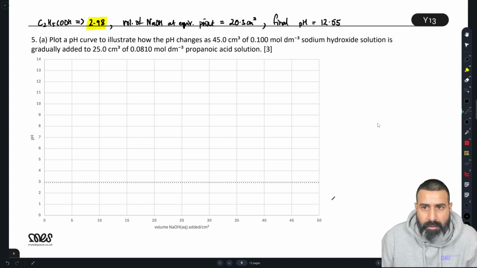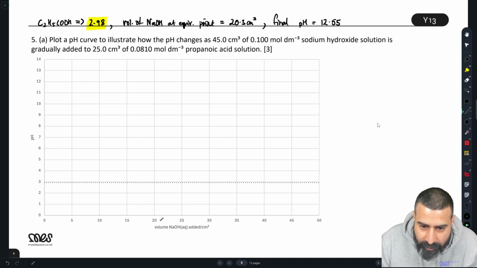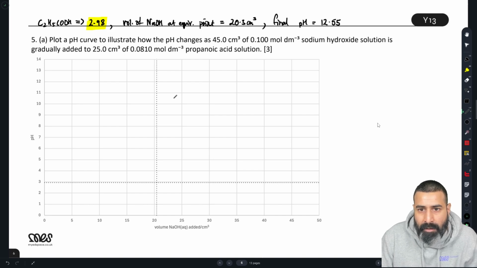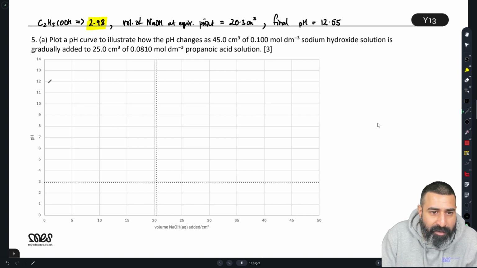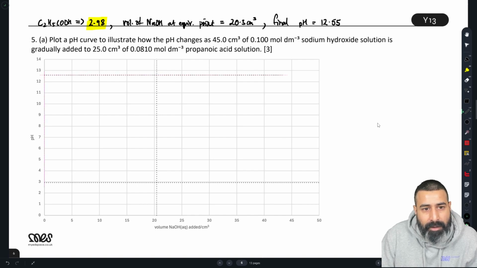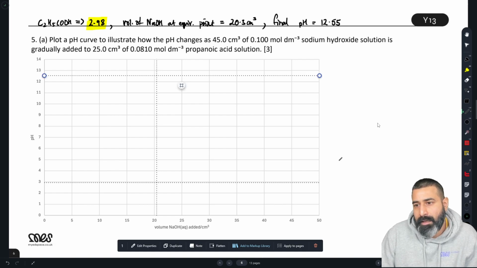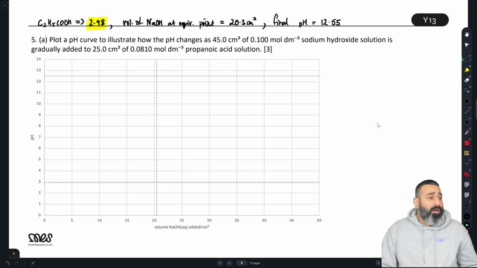All right, then the equivalence point is the vertical section, so about 20.3, which is around here. And then the final pH is 12.55, so roughly around here, maybe a bit lower down. Okay. Now this actually helps us. These are markers or guides of the important parts of the graph.